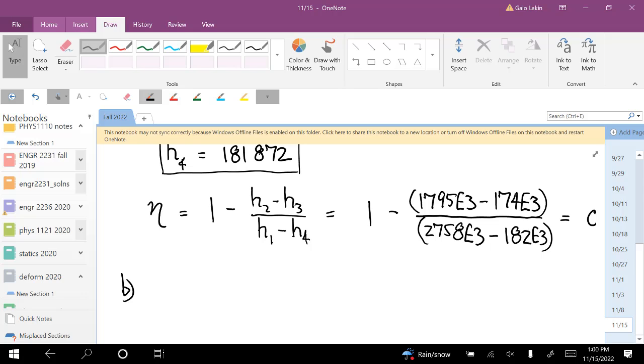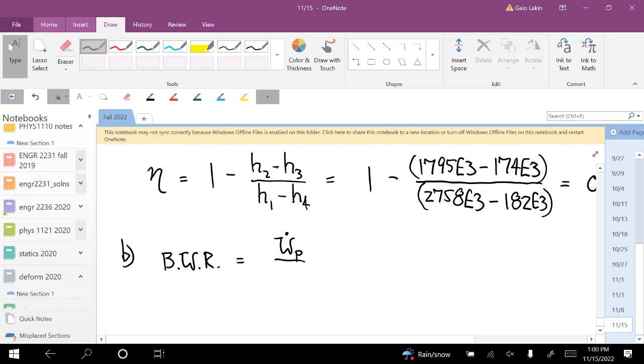Yeah, exactly. Okay, so the back work rate, that is the rate of work done to the pump over the mass flow rate, divided by the work rate at the turbine divided by the mass flow rate.